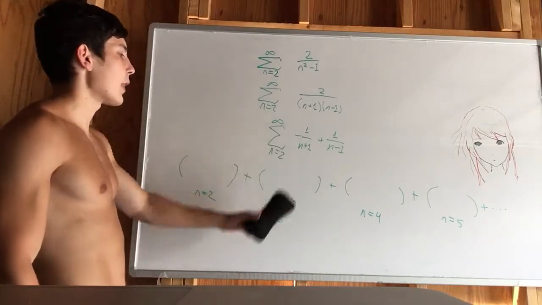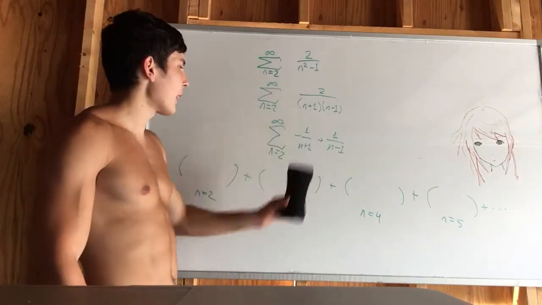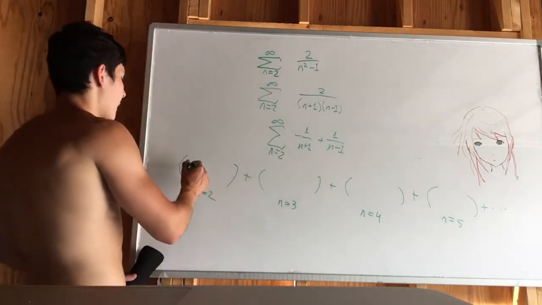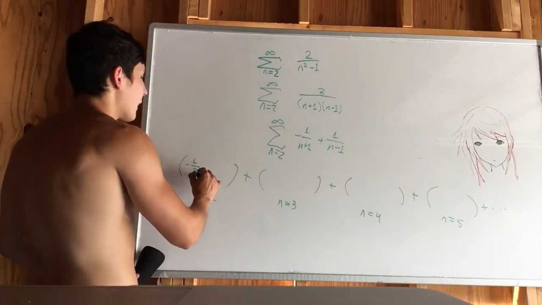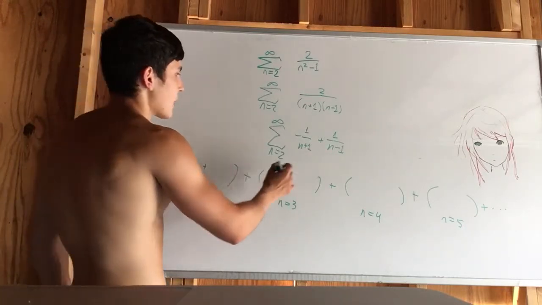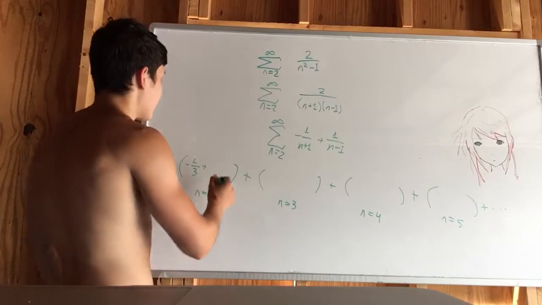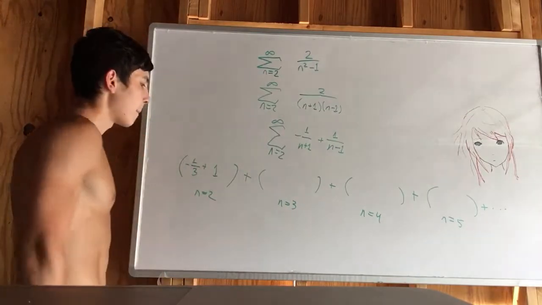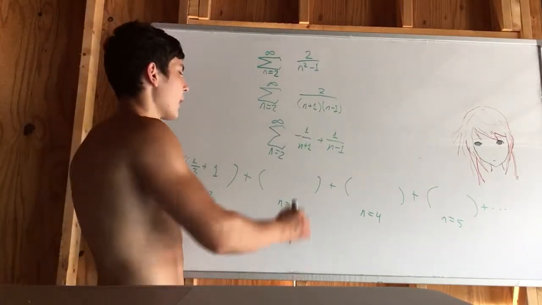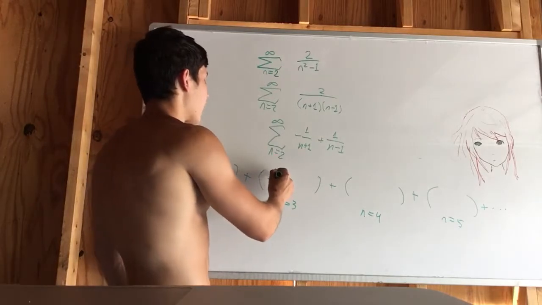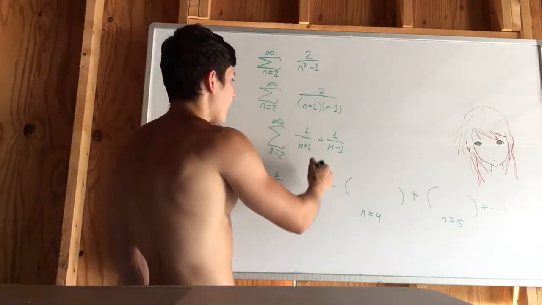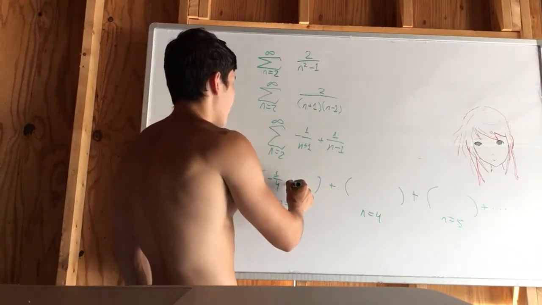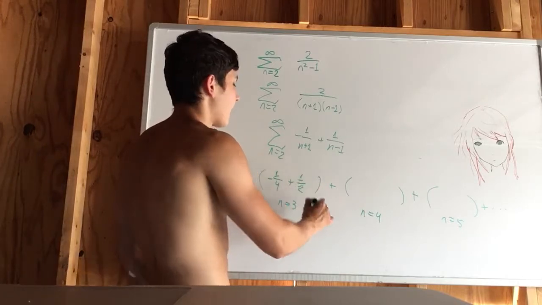So what happens if we plug in 2? If we plug in 2, we get negative 1/3 plus, 2 minus 1 gives you 1, so this is 1. Okay, we plug in 3. We get negative 1/4, and 3 minus 1 is 2, so we add 1/2.